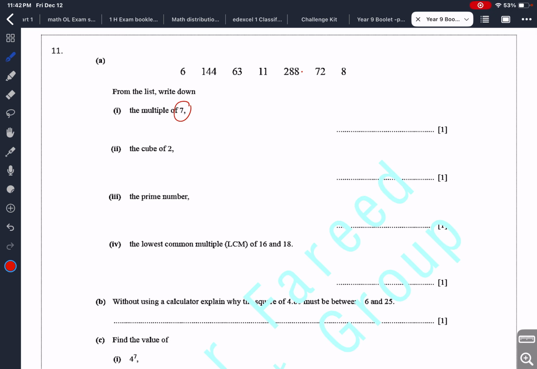What of these numbers is a multiple of 7? 9 times 7 is 63, so 63 is a multiple of 7. The cube of 2 means 2 multiplied by itself 3 times, and that would be 8. Always when I take a number, I put a sign over it, which means it's already used.